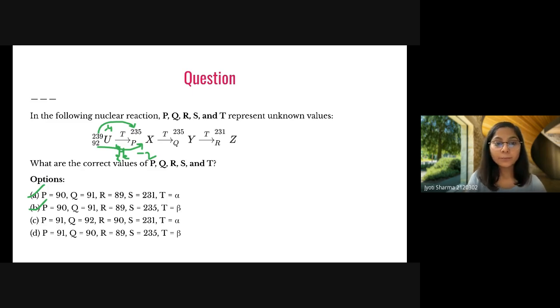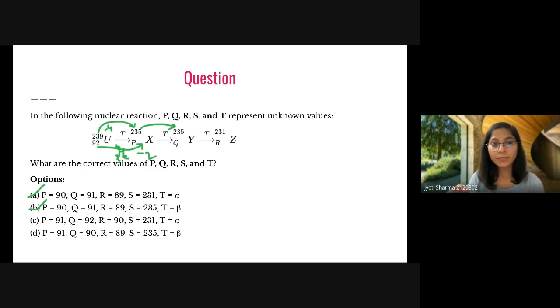Then come to the next one. You have 233 and this is also 233. Since the mass number is unchanged, it can be either an electron that has been emitted or a neutron. But because we are talking about alpha, beta, and gamma, this should be beta.